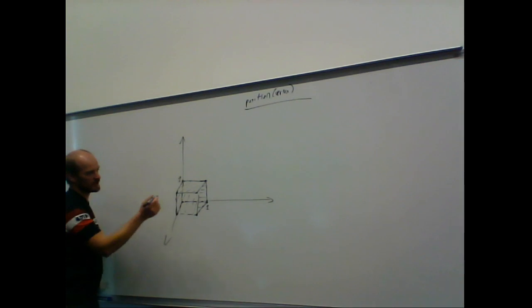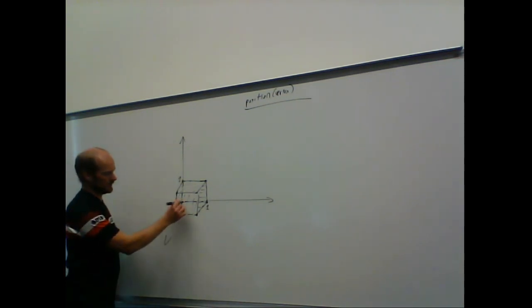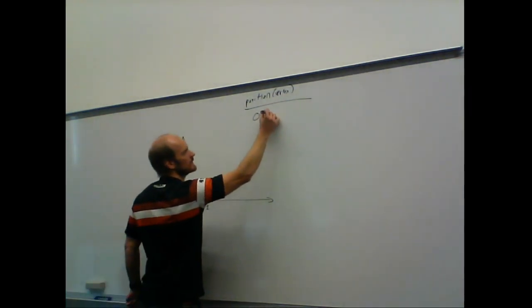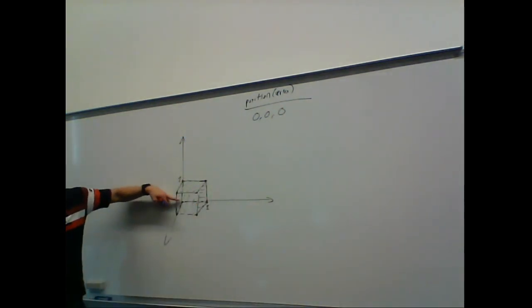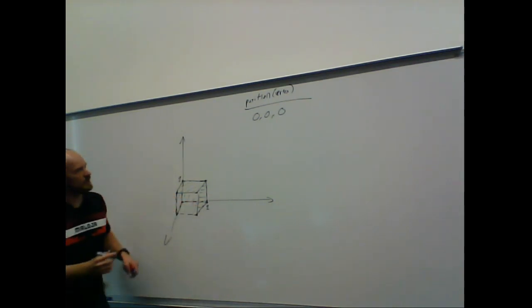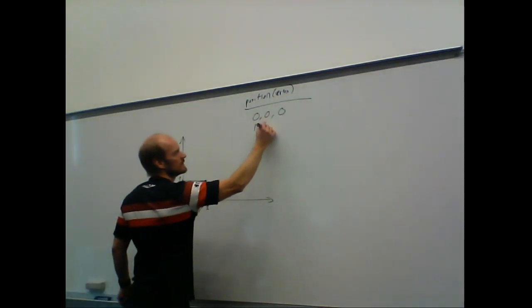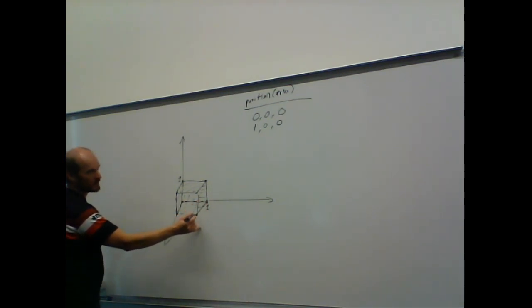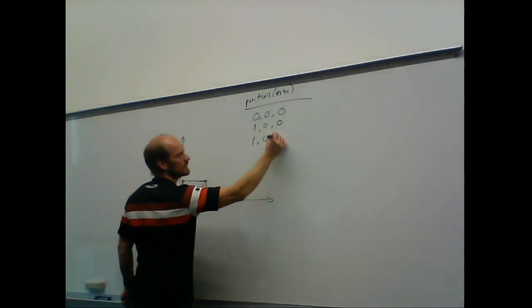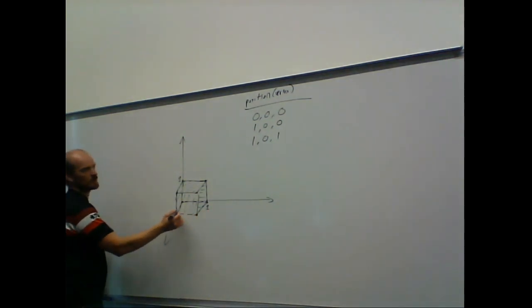I have a vertex that's 0, 0, 0, say 1, 0, 0, 0, 1, 0, 0, 1, 0, 1, 0, 0, 1.